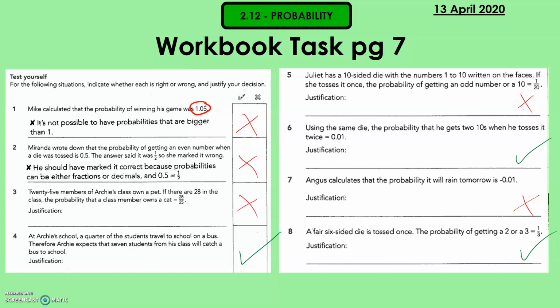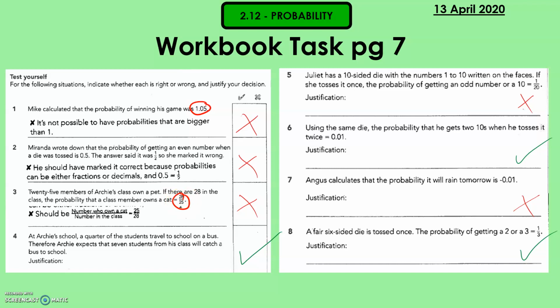Question 3, 25 members of Archie's class owned a pet. There are 28 in the class. The probability that a class member owns a cat is 28 over 25. It's obviously wrong. The justification, and that's pretty simple really, is that we've put the actual fraction around the wrong way.